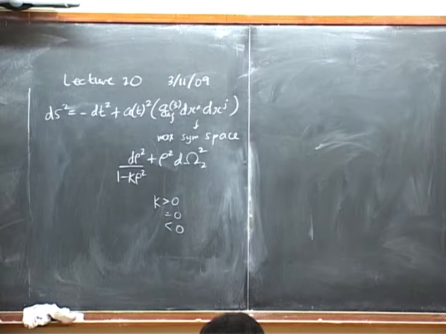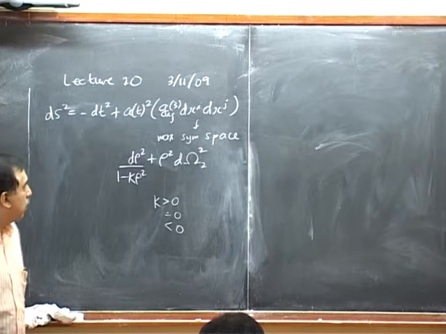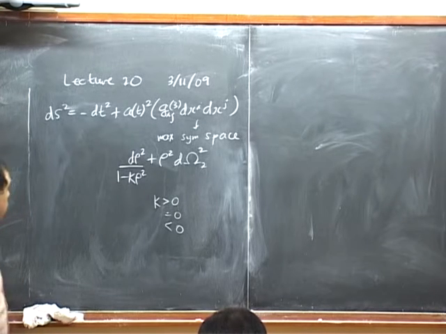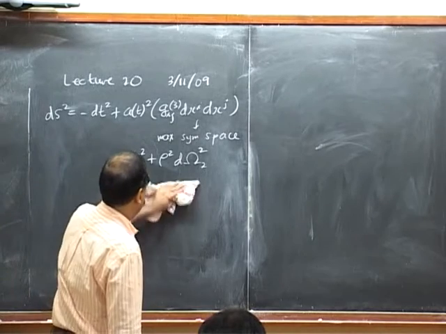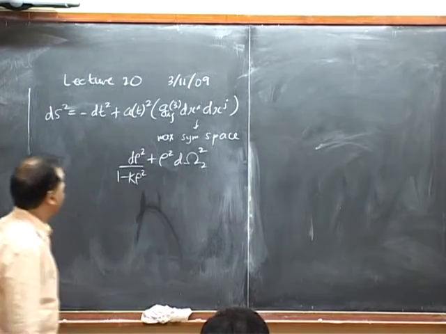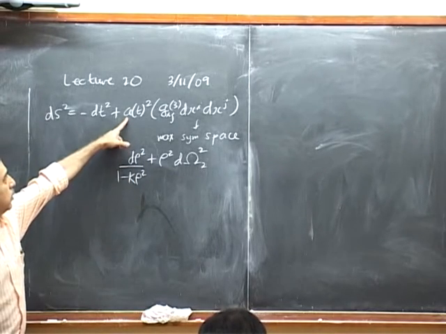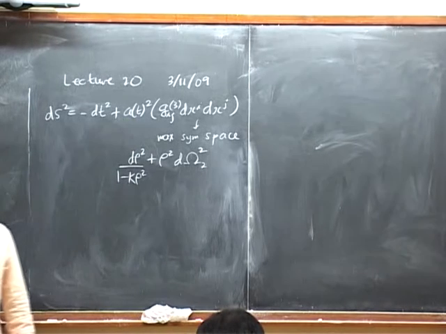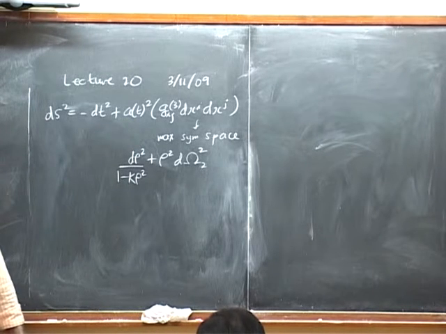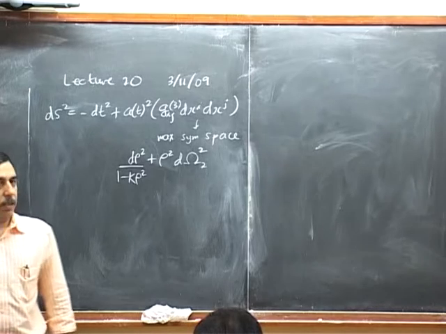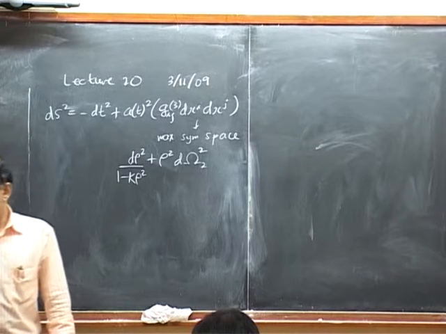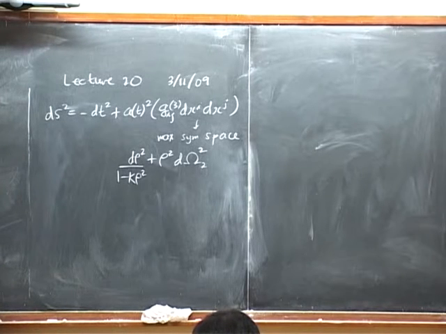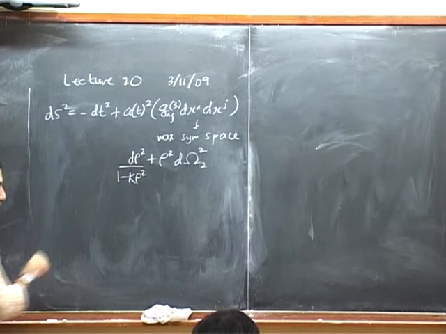Now implementing Einstein equations on this kind of structure gives us ultimately some equations which are supposed to determine a, but they determine it in terms of the energy momentum tensor, which I've already written down last time, which depends on pressure and density. And so finally we get the so-called Friedmann equations, which for today's purpose can be written like this. Many ways to write it.